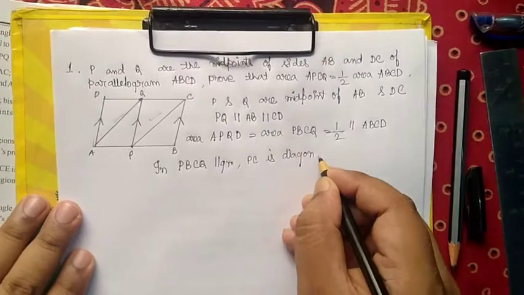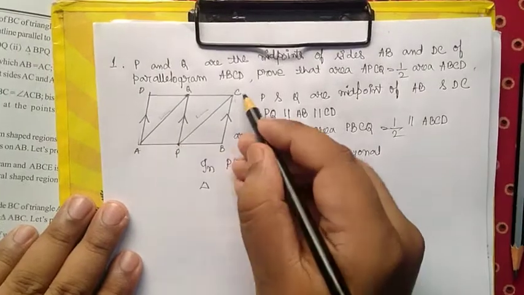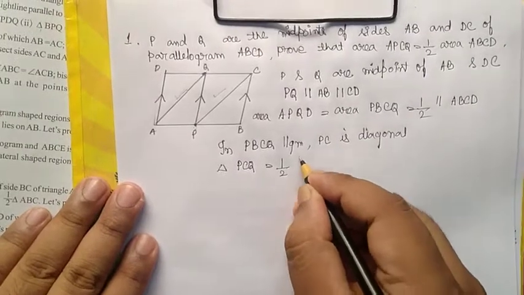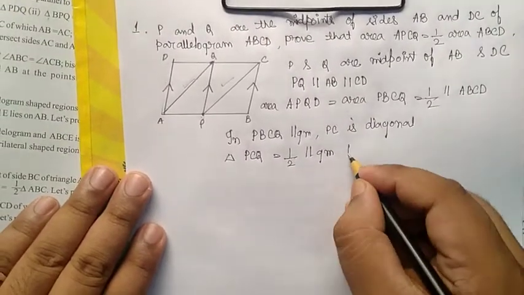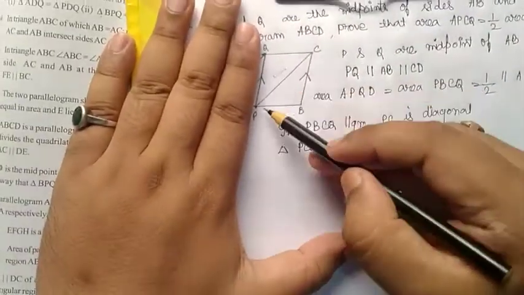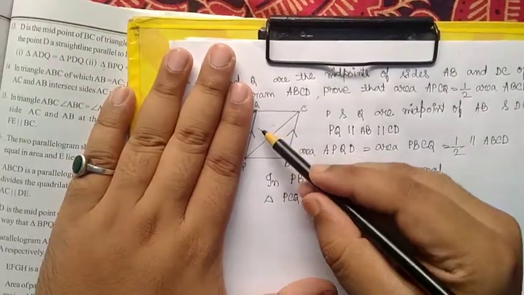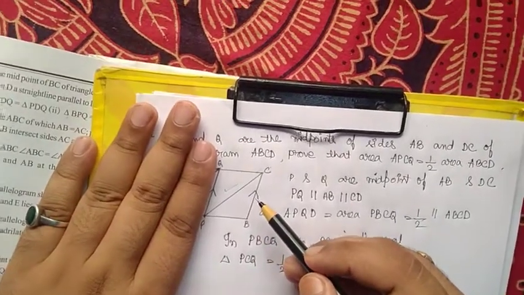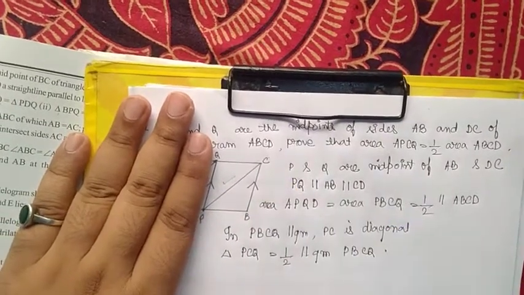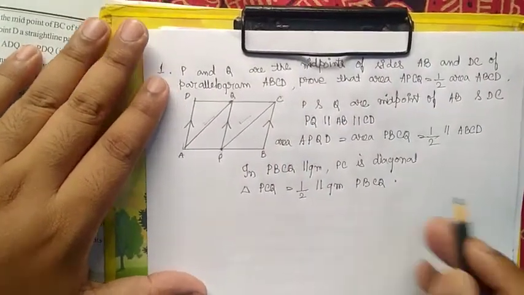So if PC is the diagonal, we can say that triangle PCQ equals half of parallelogram PBCQ. We know if this is a parallelogram and this is a diagonal, it bisects the parallelogram into two equal halves. We know this from the theorems of triangles and parallelograms in the previous chapter. So triangle PCQ equals half of parallelogram PBCQ.